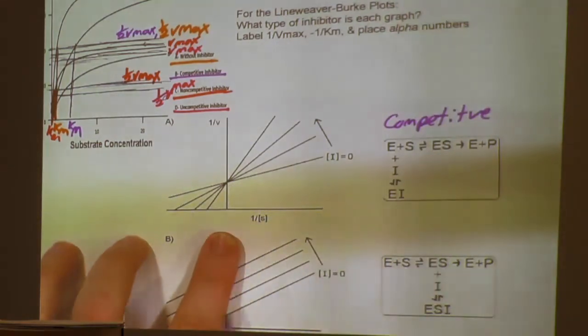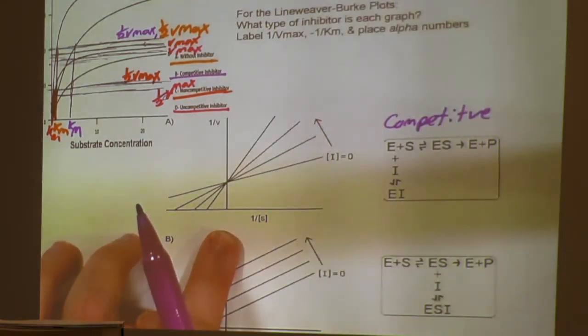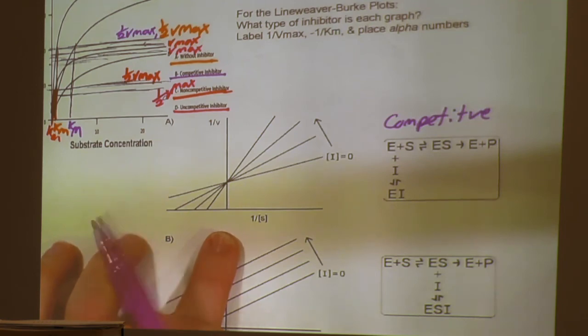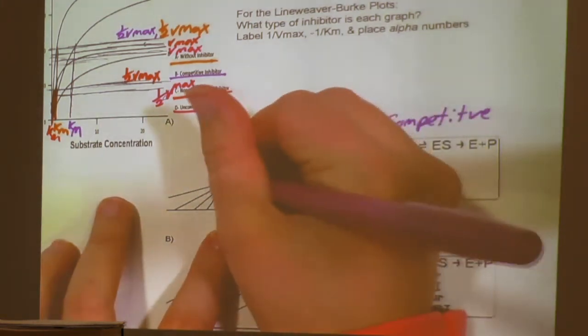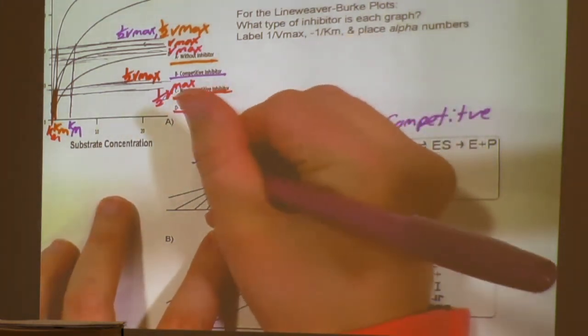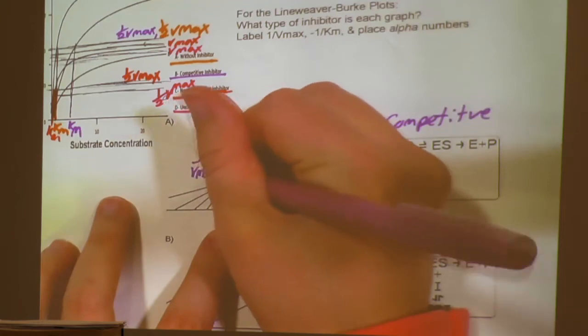Where is 1/Vmax supposed to be located? I heard the y-intercept, and that's exactly where it's supposed to be. So right here is the 1/Vmax. Okay.